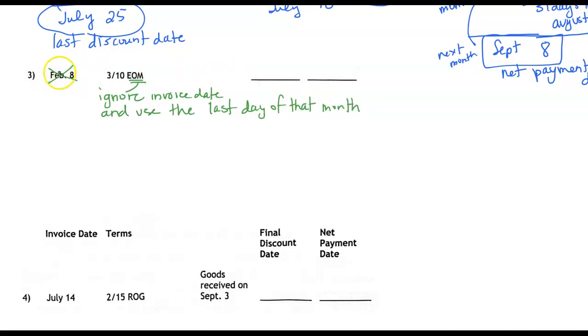So in this case, the last day of February would be February 28th. So for February 28th, we're going to add 10 days.